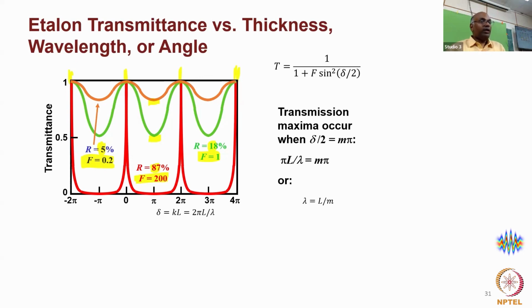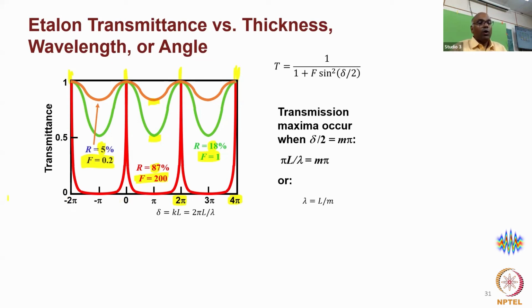Furthermore, the location of these maxima is the other important feature which we need to consider. The maxima occur whenever delta is an integer multiple of 2 pi. The trivial 0, then 2 pi, the next maximum at 4 pi, 6 pi, and so on the positive side. It could also take negative values relative to where we set the 0: minus 2 pi, minus 4 pi, and so on.